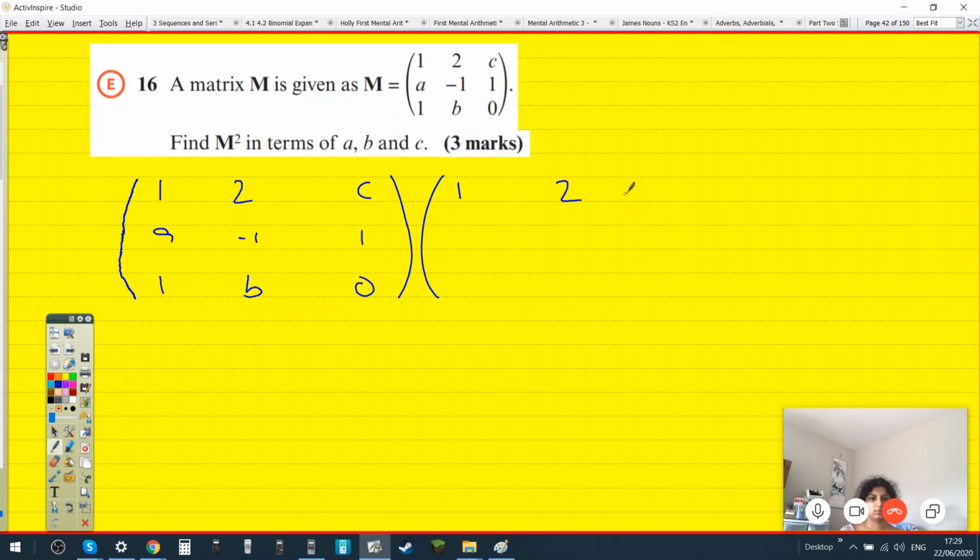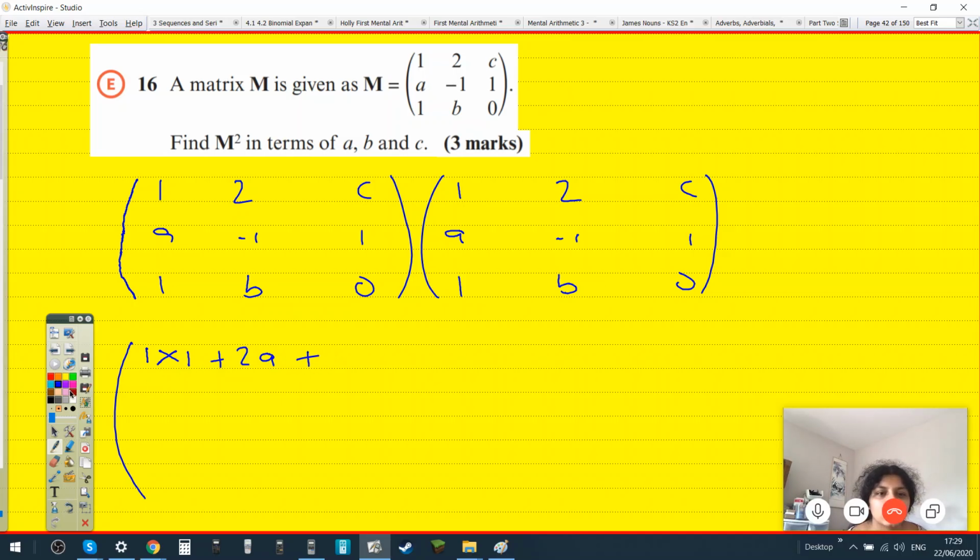So what's this one going to be? So 1 plus 2A, I don't know if it's plus 2A, plus 1. How'd you get that? It's just the 1 in the top left multiplied by... oh wait, no, it's not 1, it's C. Is that where I made a mistake?